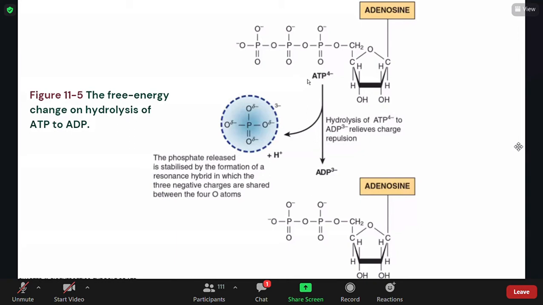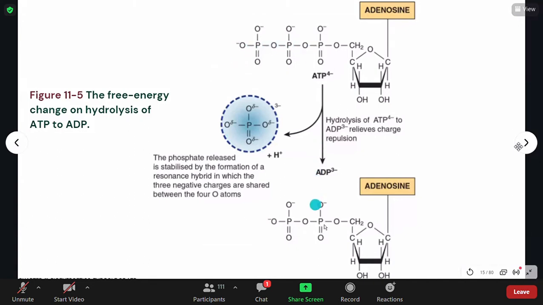All right. When ATP donates its phosphate there, ATP becomes ADP. So this is how it looks. Minus 1 phosphate here. I have here 1, 2, 3.